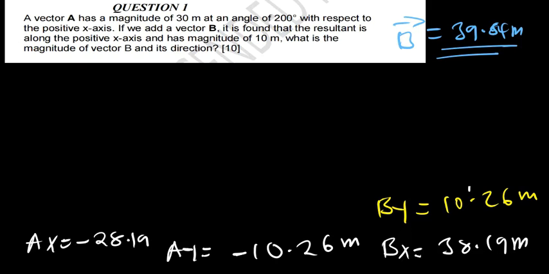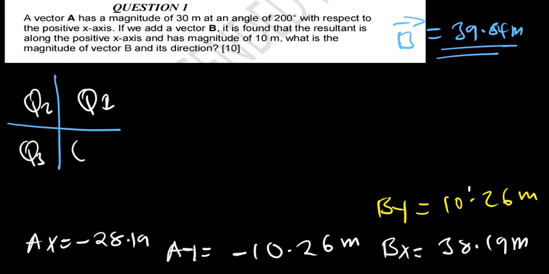If this is my xy plane, this is my first quadrant, this is my second, this is my third, this is my fourth. This is the positive x-axis, positive y-axis, negative x, negative y. Now, you are trying to find the direction of a certain vector.